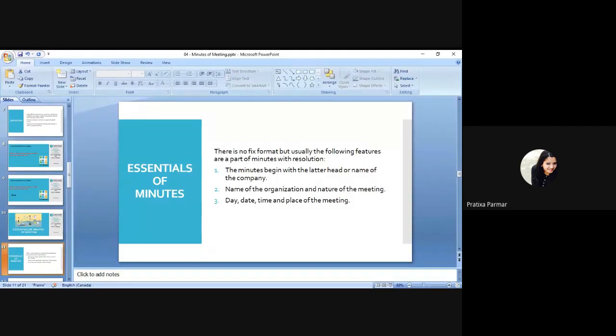Third point is you're supposed to mention the day, date, time, and place of the meeting. The third point is really important because whenever you want to trace the last meeting, it's easy for you to do that, because you know the day, the time, the date, and the place. Okay, let's go further.